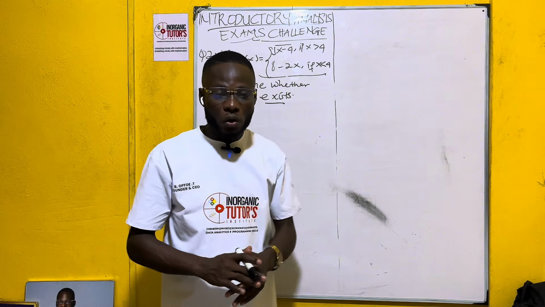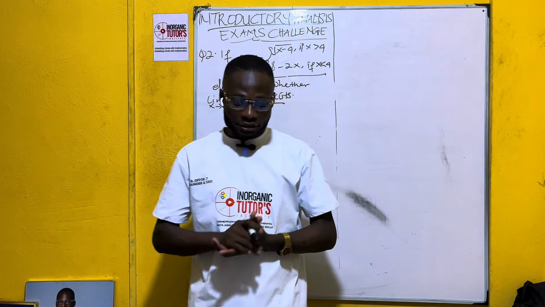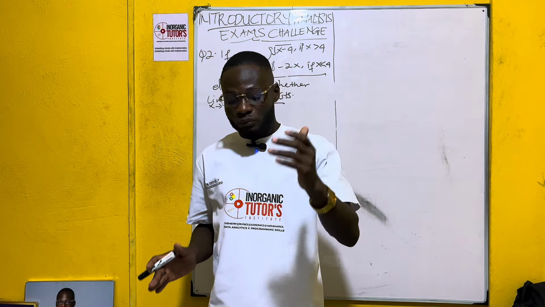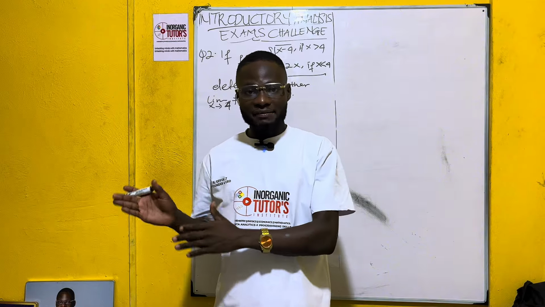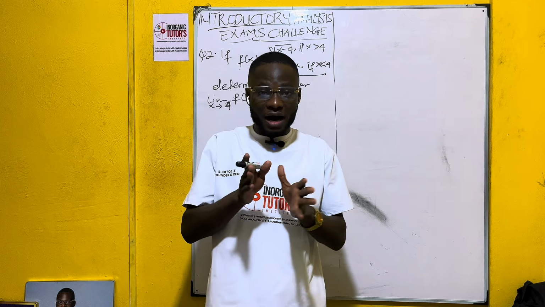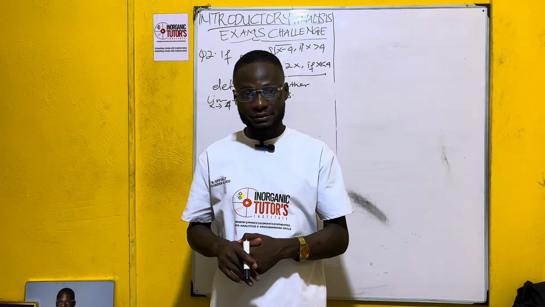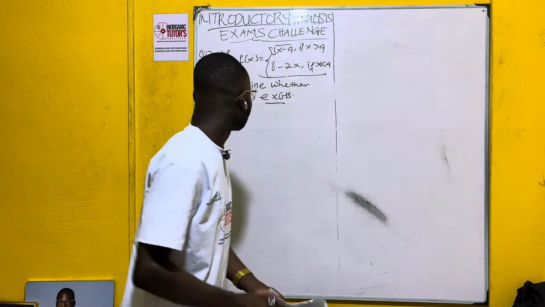So first of all, we have to consider the right-hand side limit first. Then we check for the left-hand side limit. If both are the same, then we can say that the limit exists. Right. So we're going to start.